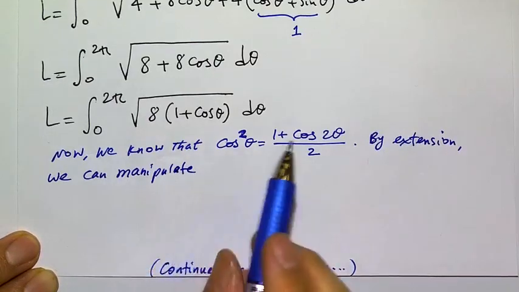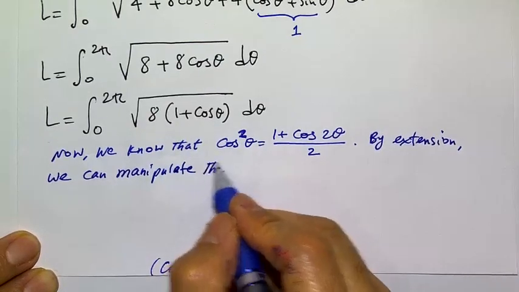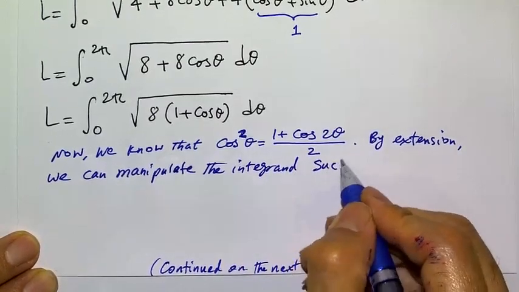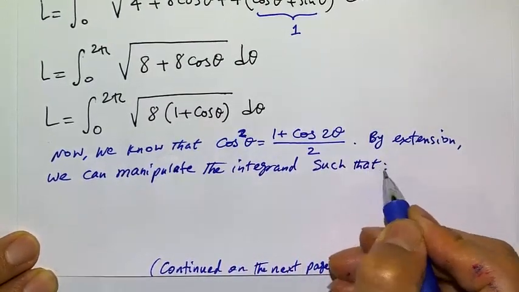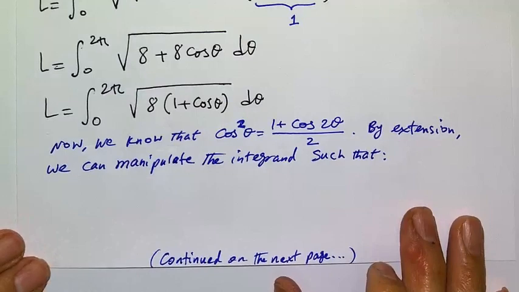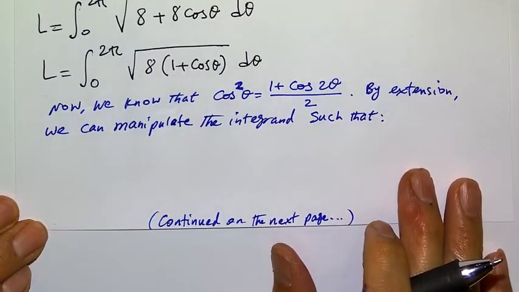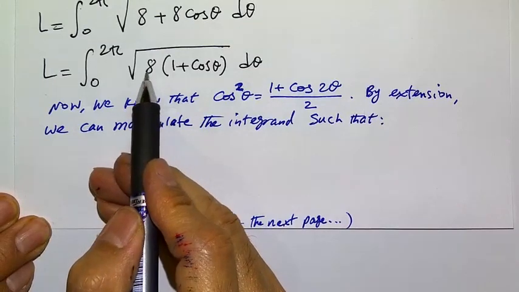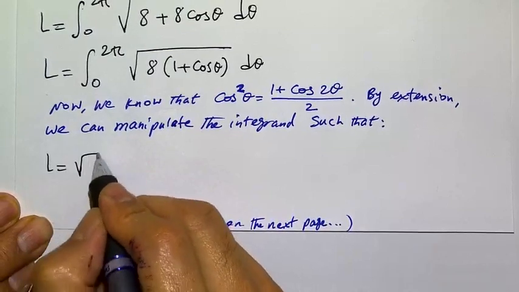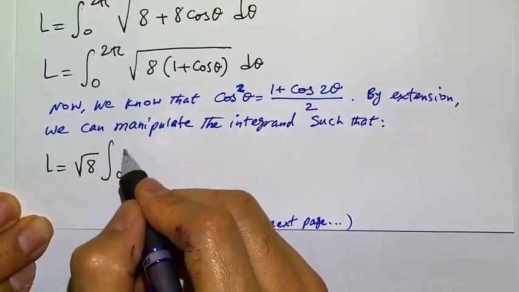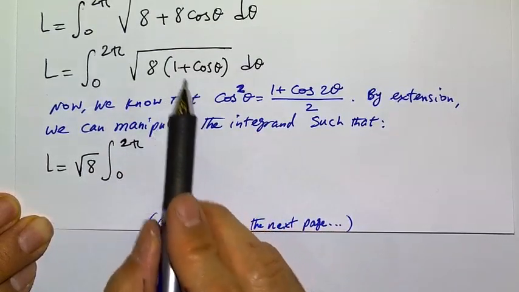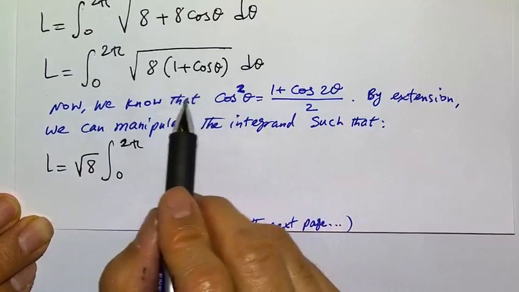We can manipulate this integrand. Let me factor out square root of 8 and put it in front. So we have square root of 8 times the integral from 0 to 2 pi. And now, instead of that, let's rework this, and there is a good reason for it.